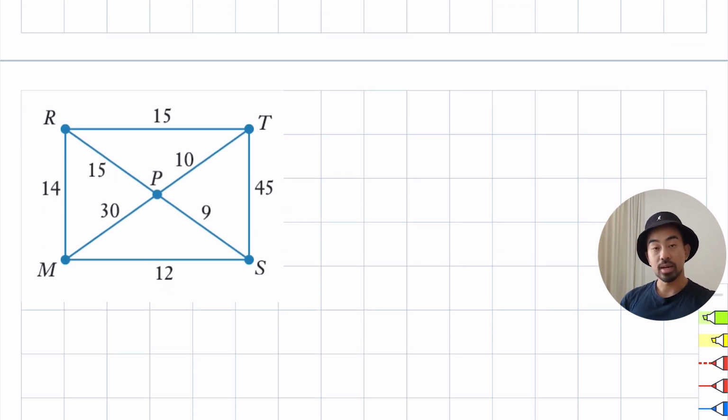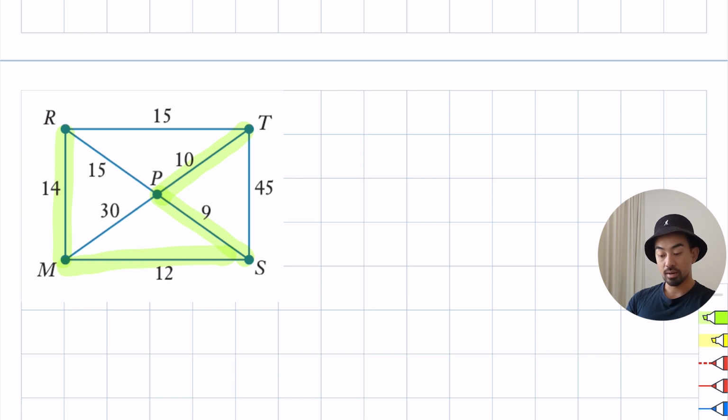Okay, so once again, start with the smallest edge. So just by inspecting, I think it's 9. Continue to the next smallest one, that will be 10. The next smallest one after 10, it looks like it's going to be 12 here. The next smallest one after that, I think it's going to be 14.